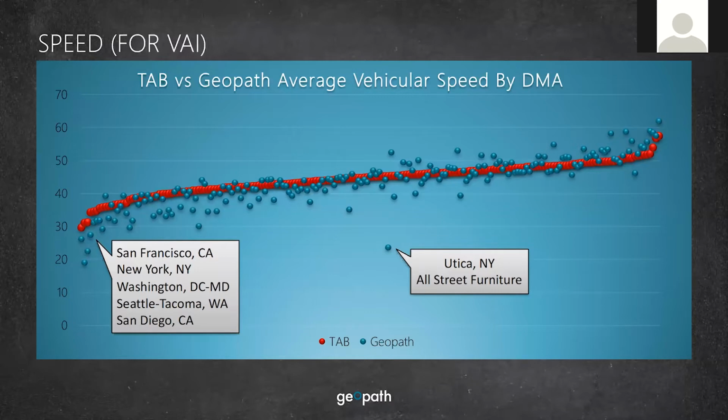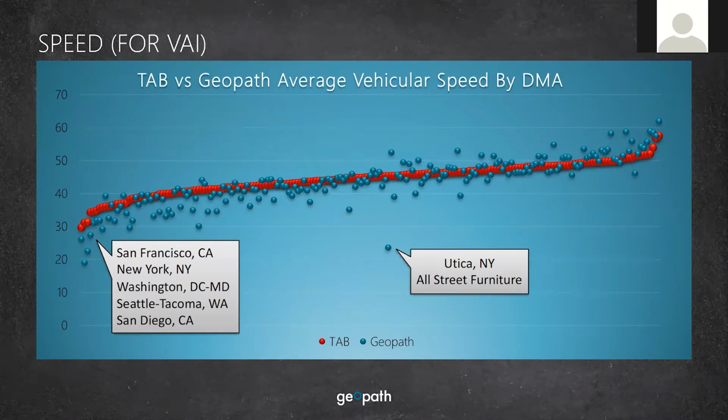But you'll see, especially in some of the slowest traveling marketplaces like San Francisco, New York, Washington, D.C., the vehicular audience, we already knew was slow, but it's even slower than we thought. And then the faster marketplaces are trending a little bit faster than we thought. But across the board, looking really, really close.